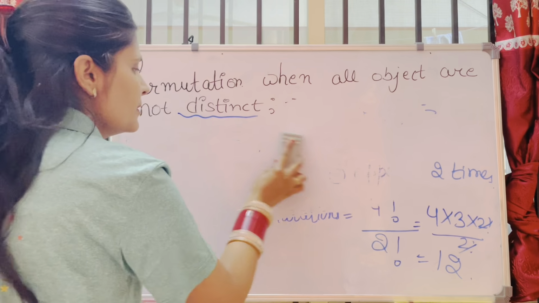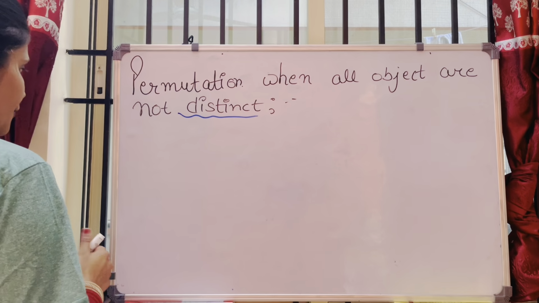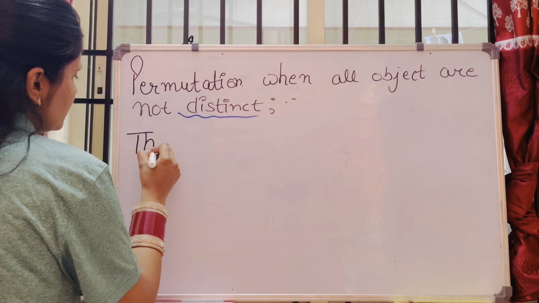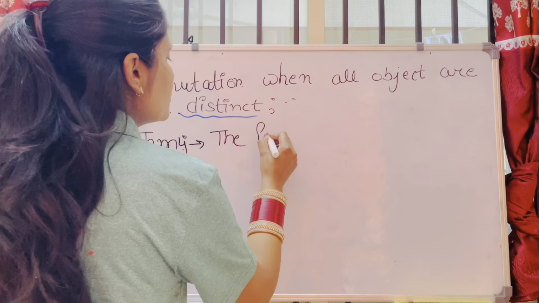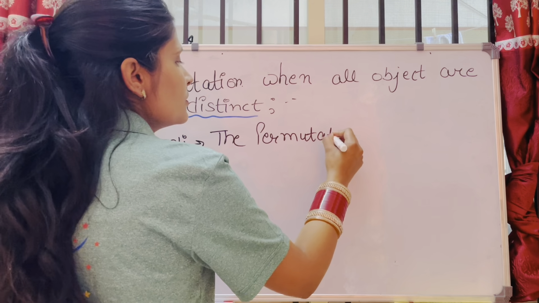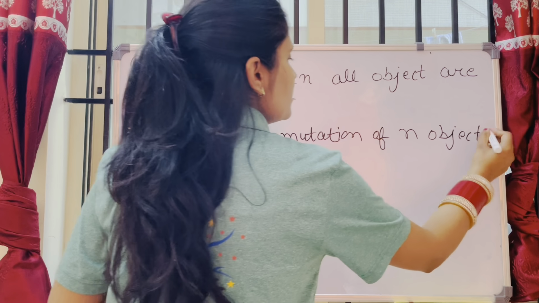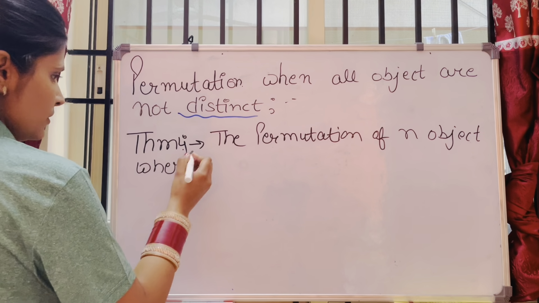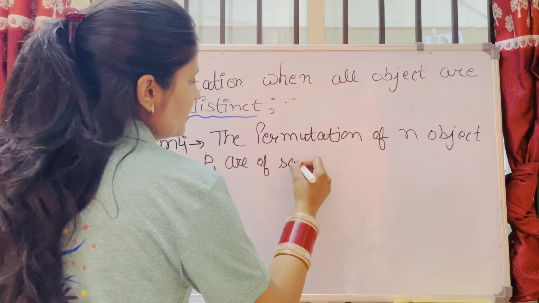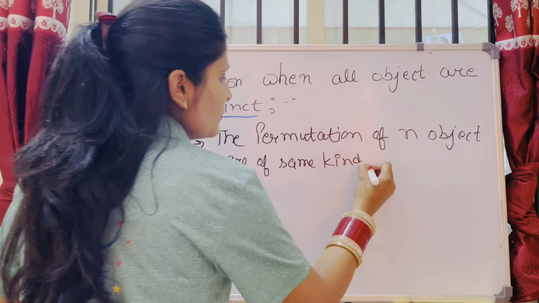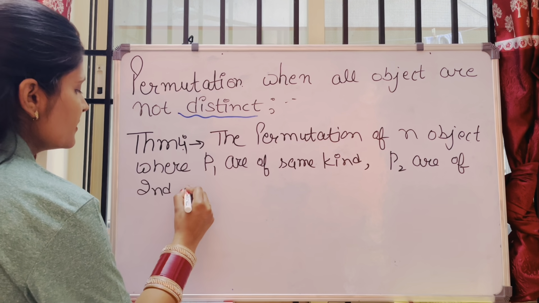Similarly, the fourth theorem, theorem number 4. So the permutation of n objects where P1 are of the same kind, right? P2 are of a second same kind.